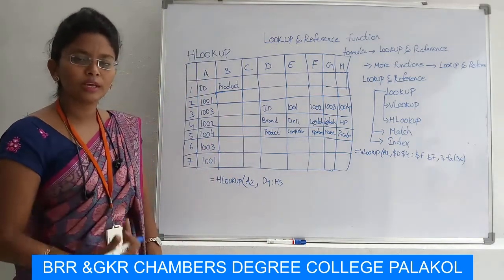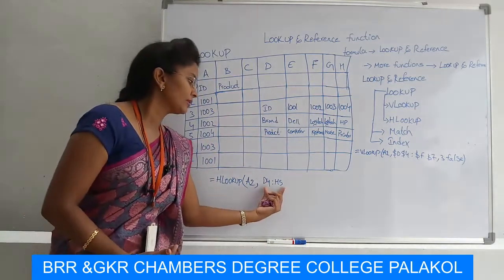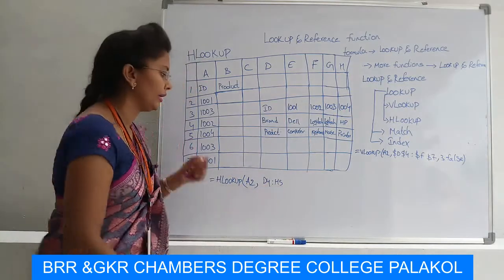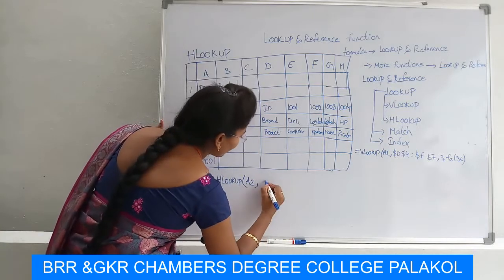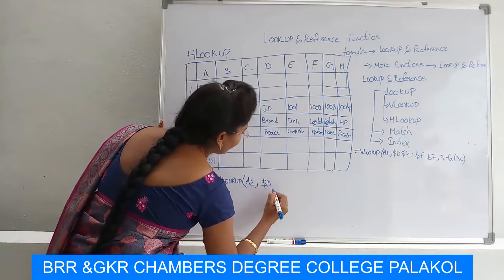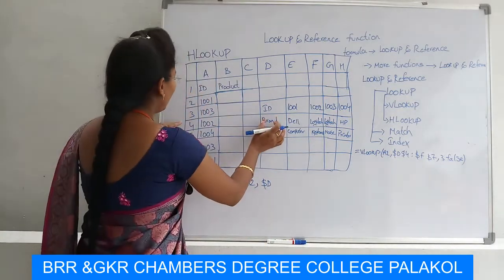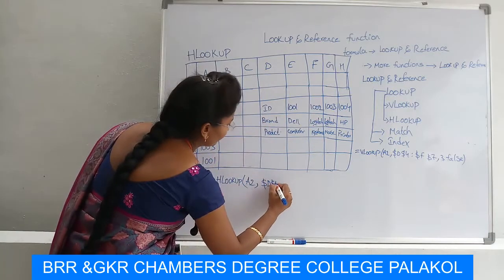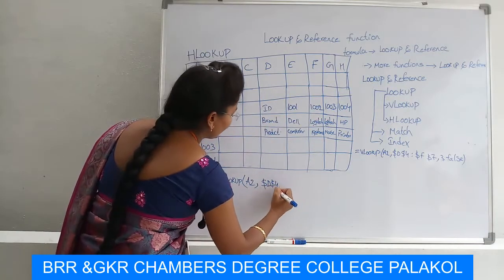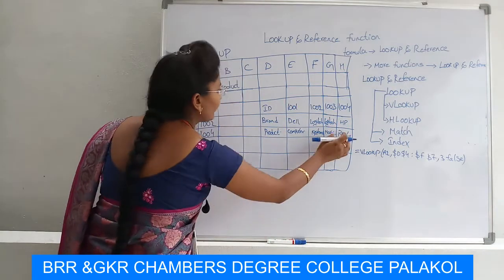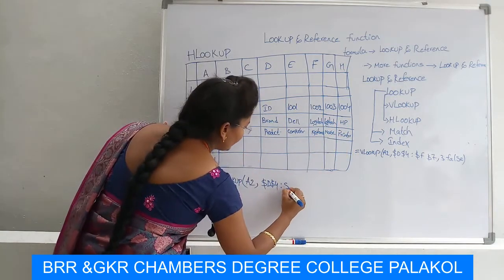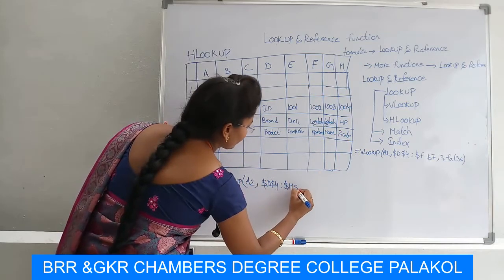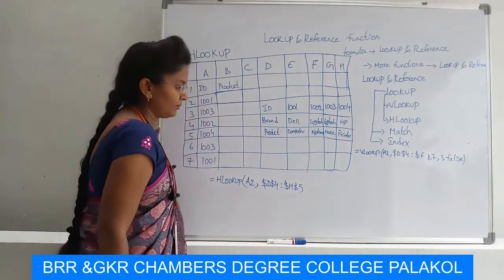When you press the F4 function key, this range will be locked. After locking, the appearance is converted into dollar signs. That means $D$4 colon and the last reference is H5, that means $H$5.